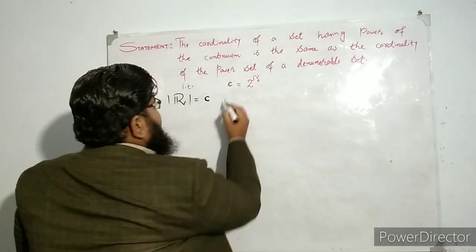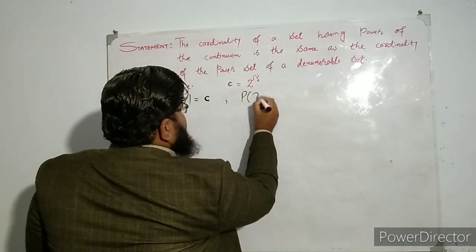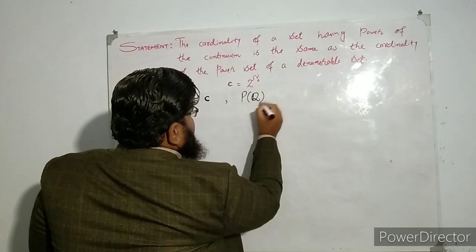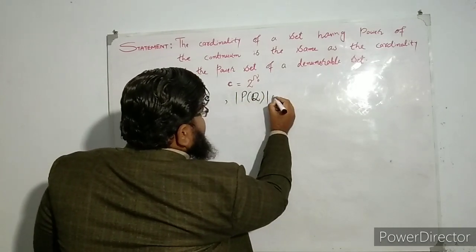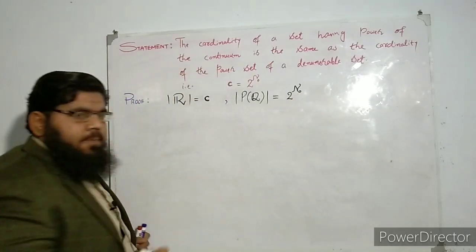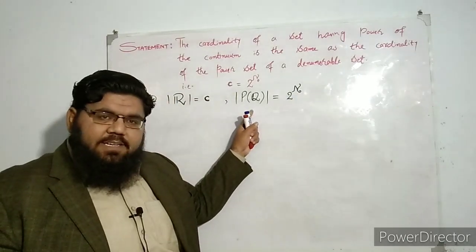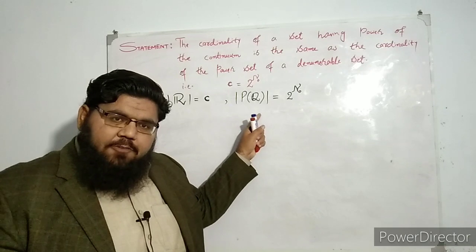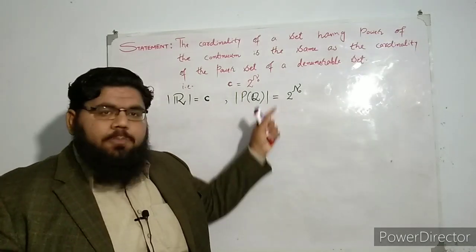And the other set is the power set of rationals, and you know very well its cardinality will be 2 to the power alpha naught. Why? Because the rationals form a denumerable set, and the cardinality of its power set will obviously be 2 to the power alpha naught.